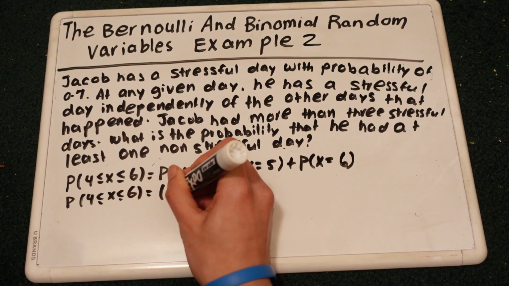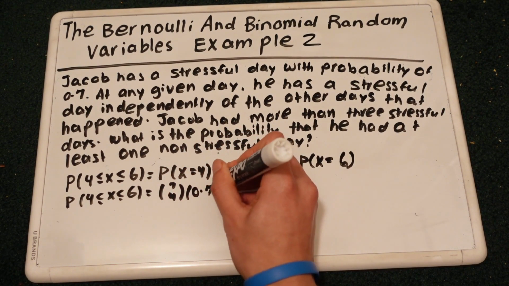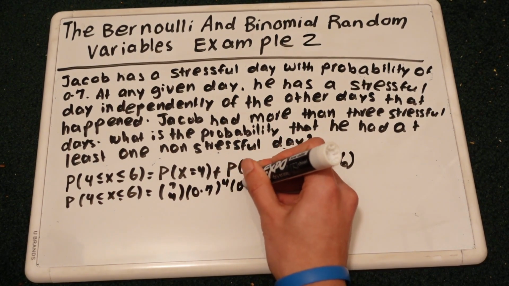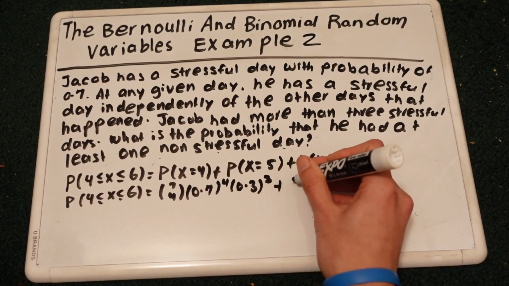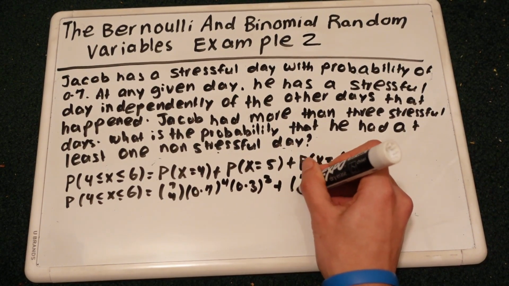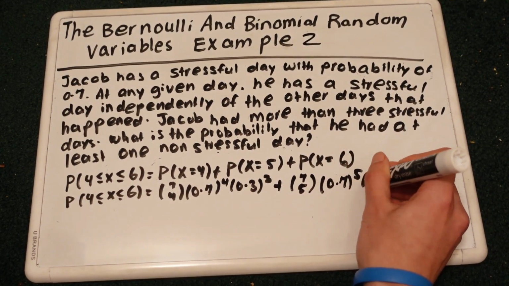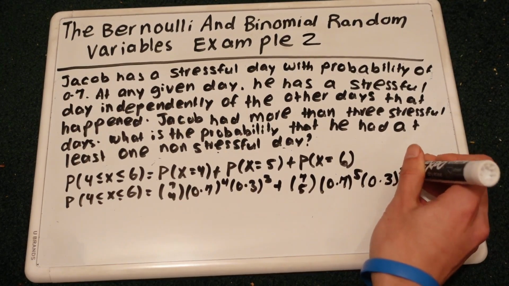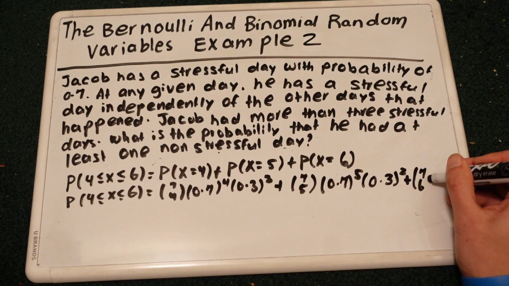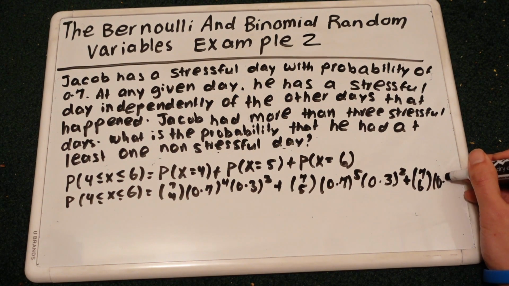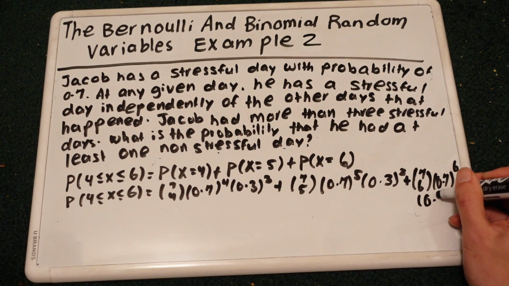This is just 7 choose 4 times 0.7 to the 4th times 0.3 to the 3rd, plus 7 choose 5 times 0.7 to the 5th times 0.3 squared, plus 7 choose 6 times 0.7 to the 6th times 0.3.